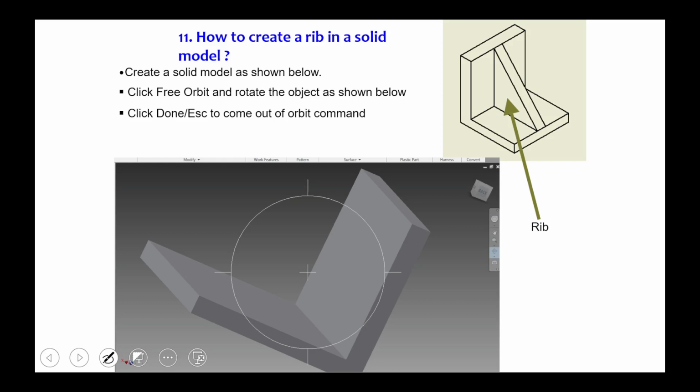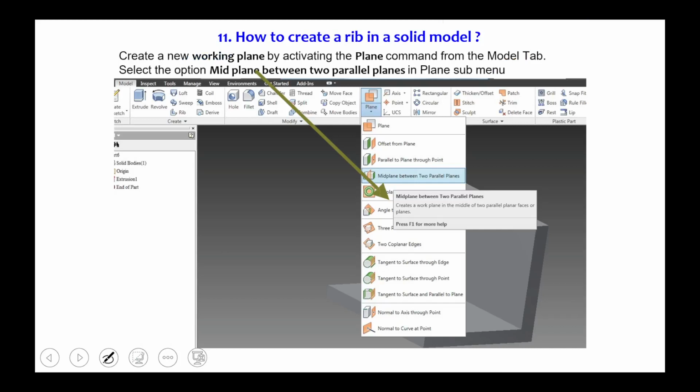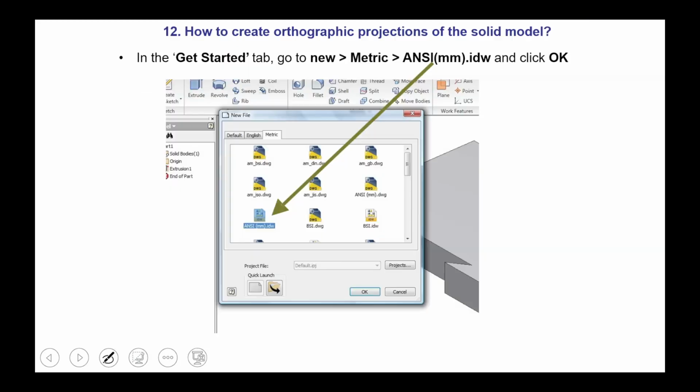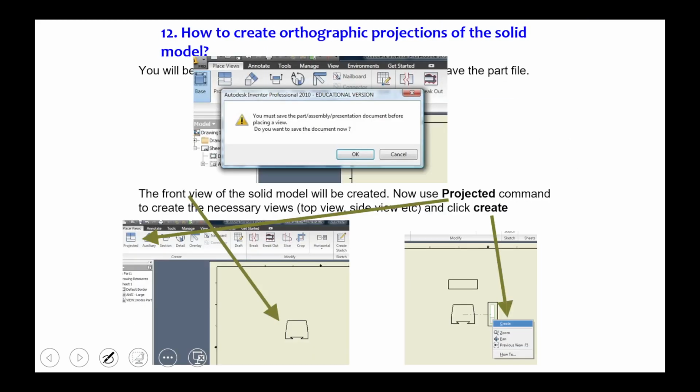These are the ribs they have created. So in Autodesk you can design your MEMS-based design here.